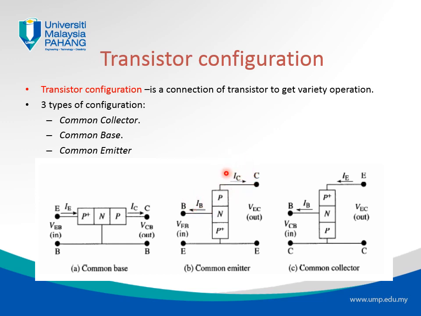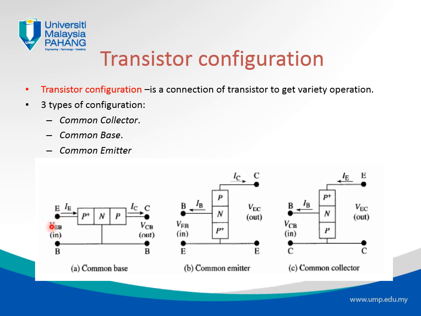The other configuration that we might use is what we call common base. So common base is the one that we have here. Common base is when the bias voltage to switch on the transistor is put between the base and the emitter.